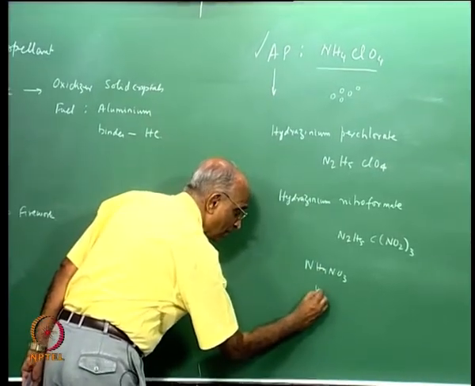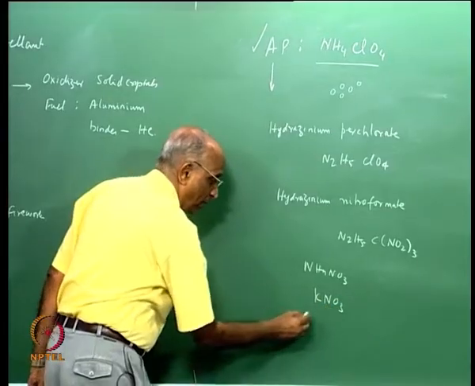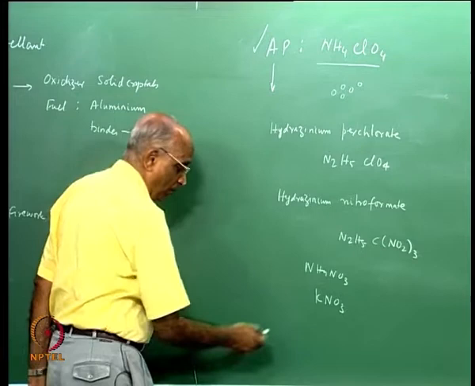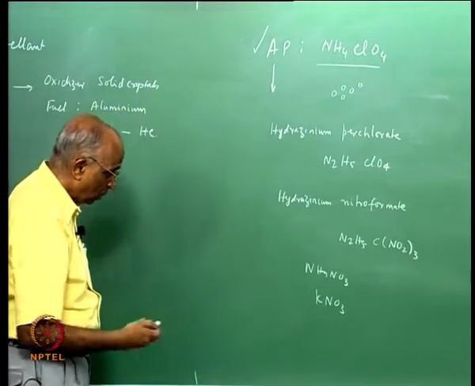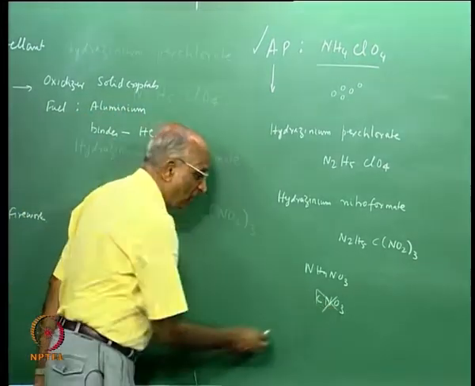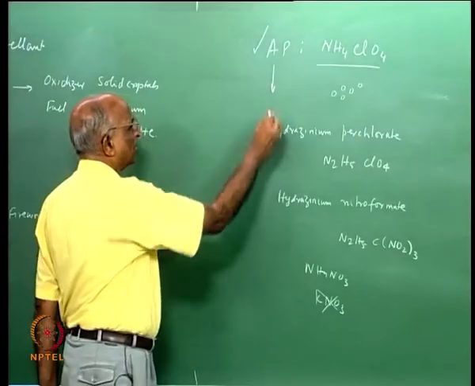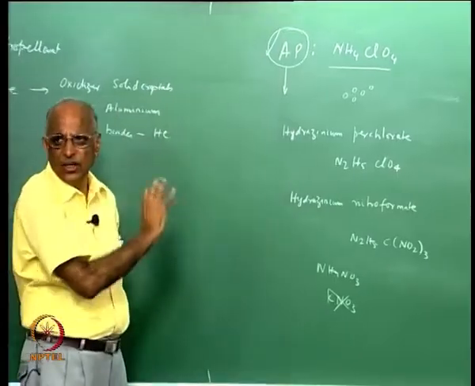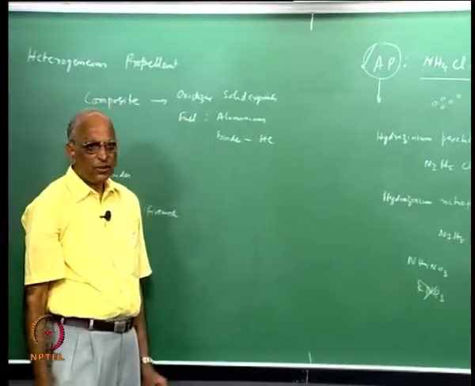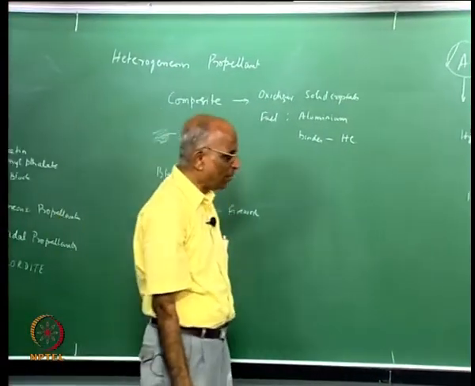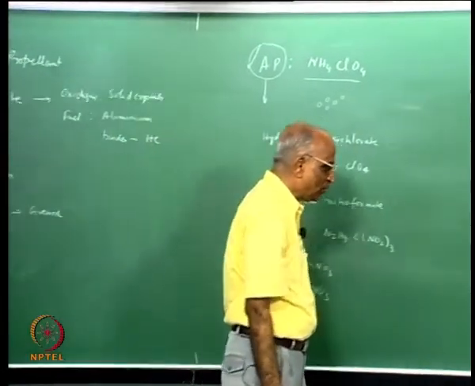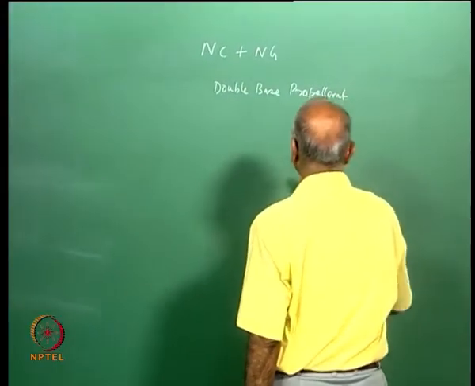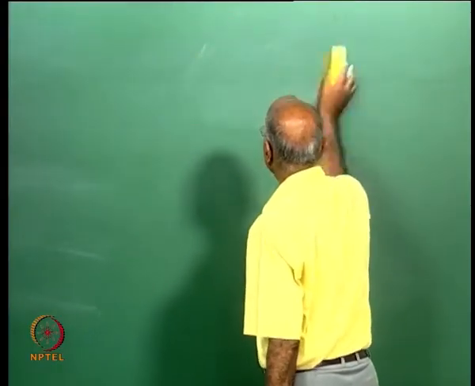We could use KNO3, but K has a larger atomic mass, and therefore it is not preferred. Whatever the oxidizer for a composite propellant, ultimately what is being used today is only ammonium perchlorate. This is all about oxidizers for the composite propellant. Let us take a look at the fuels which are possible, and then we will put things together and see what is involved in a composite propellant.